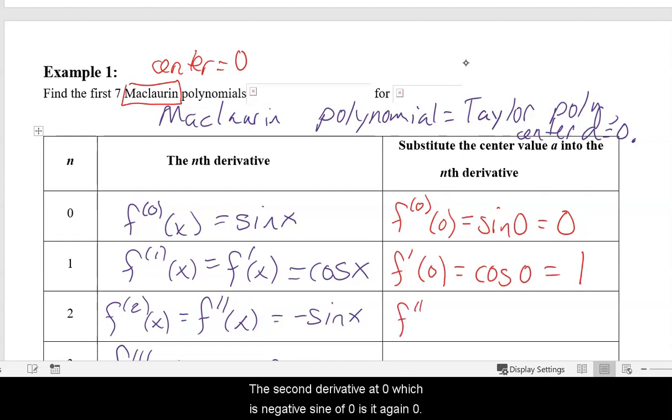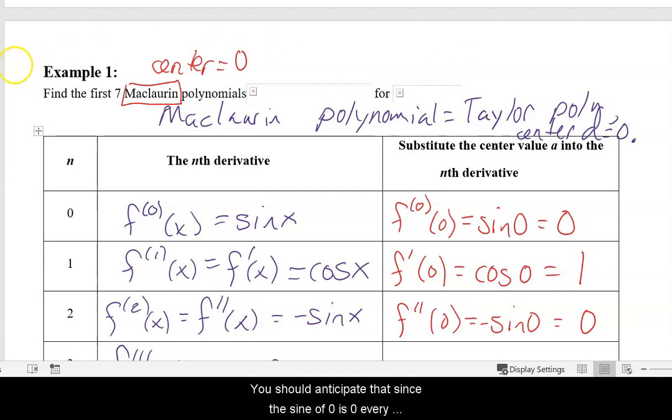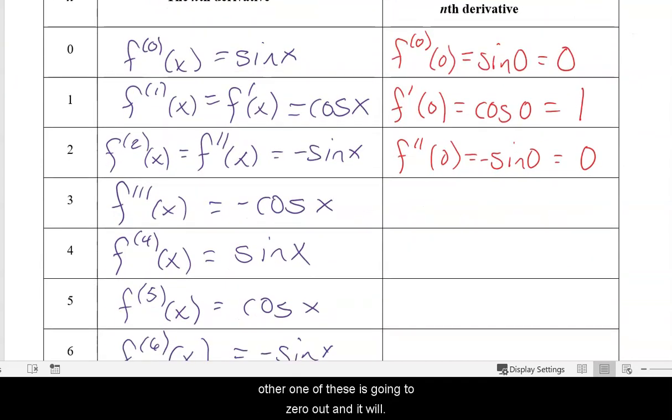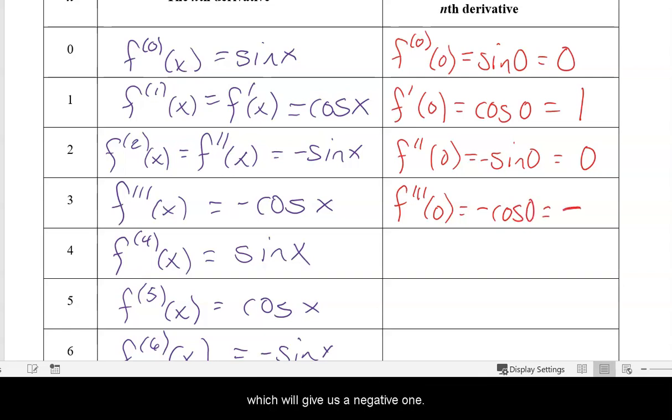The second derivative at 0, which is negative sine of 0, is again 0. You should anticipate that since the sine of 0 is 0, every other one of these is going to 0 out, and it will.